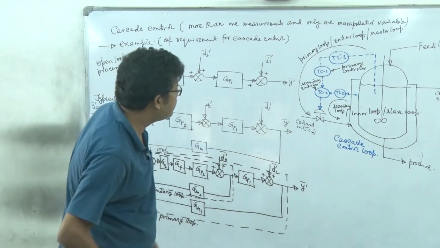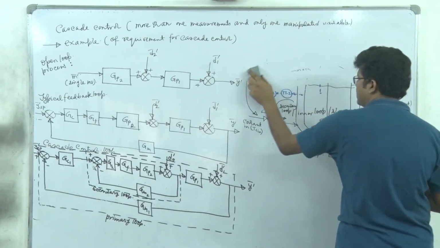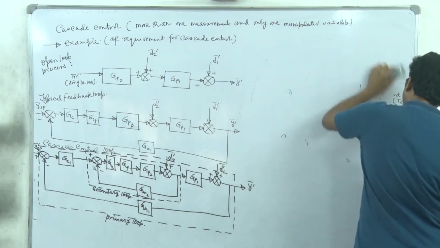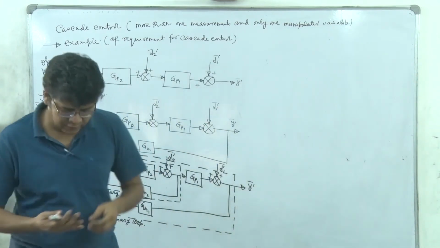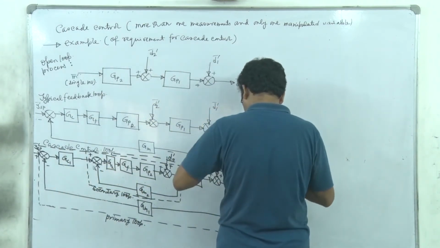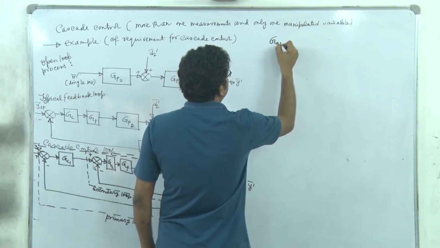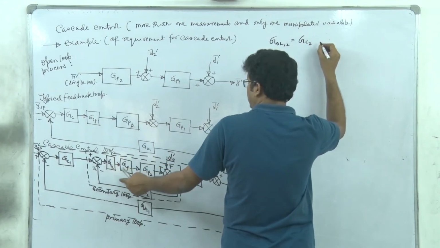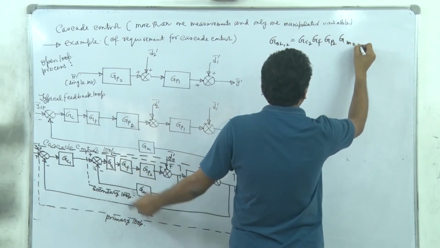So you see, if we go for a bit of block diagram analysis for the cascade control, you can understand that for the secondary loop, the open loop transfer function GOL2 is equal to GC2 GF GP2 into GM2, right?